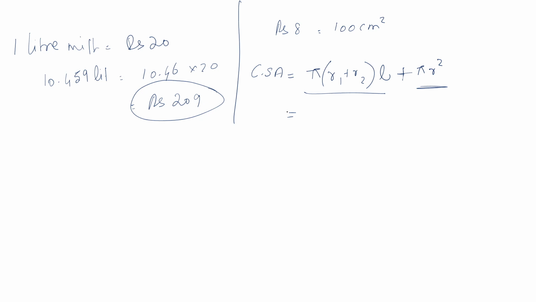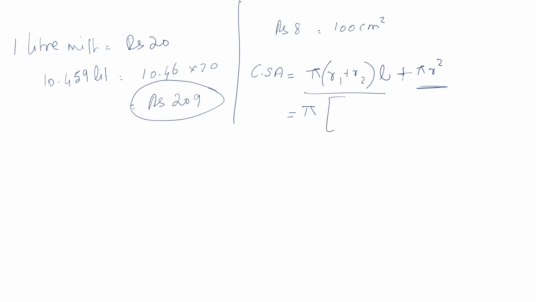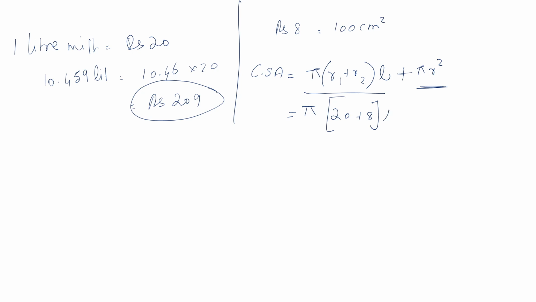Now here again pi we can take outside. What are R1 and R2? 20 and 8. So (20 plus 8) into L. Is L given or not? No, it's not given, so we have to find L. Then plus, which R square is this?